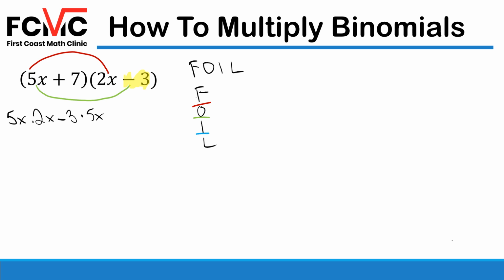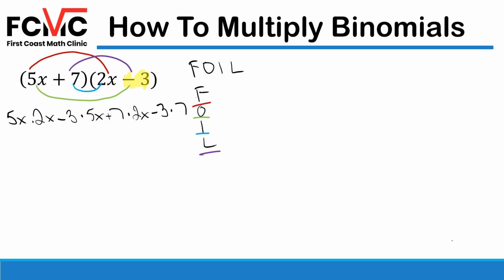Inner, 7 times 2x. And then last, it's going to be 7 times minus 3. So again, we have to include that sign. So minus 3 times 7.